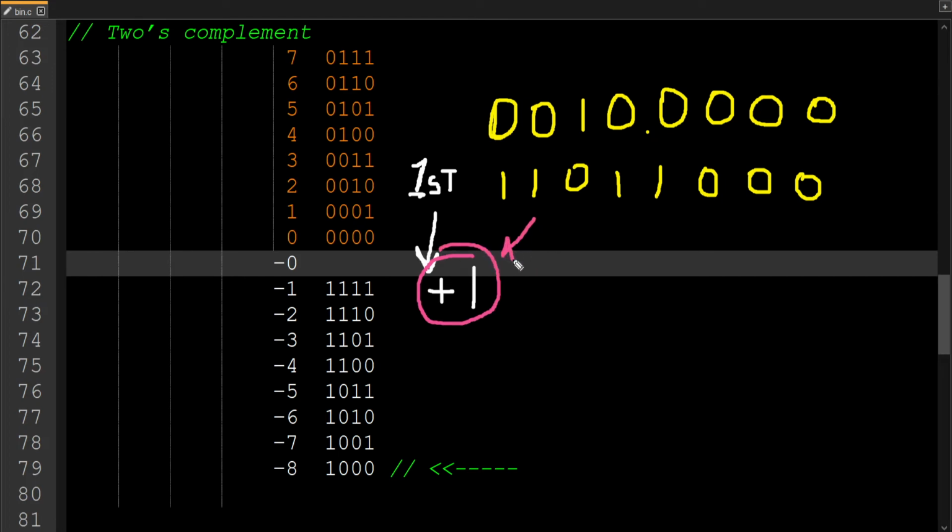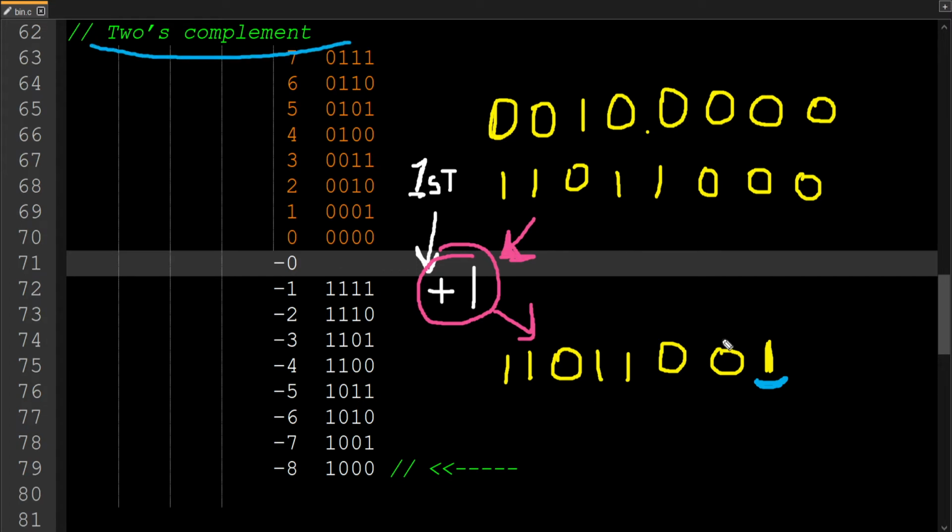And if we add 1, what do we get here? We would get almost the same kind of number, but at the end we would have 1. So this is called two's complement. It's how negative numbers are stored in real computers right now. All the stuff which you use everywhere, it's how they are used.